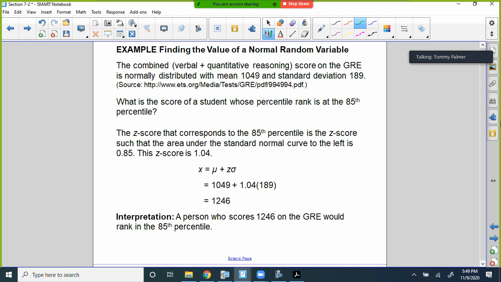We're trying to find what they scored if they were ranked 85th. Well, the 85th percentile is the score such that the area on the normal curve to the left is 0.85.